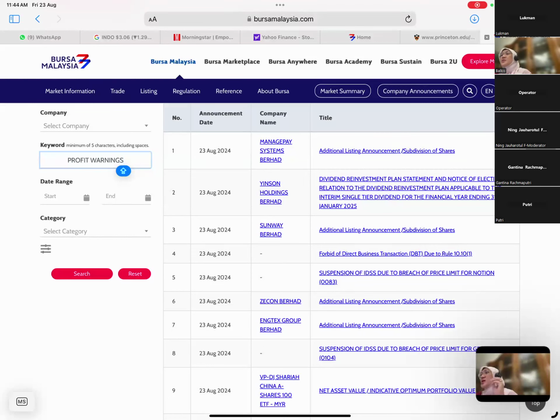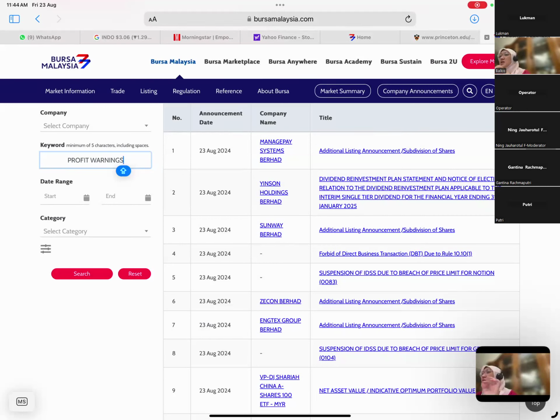I chose about 5 years of profit warnings. All the listed companies available at that time were over 800. These were hand collected using keywords. The keywords were profit warnings, or profit or earnings warnings, or warnings. As long as it was related to profit, I hand collected it.